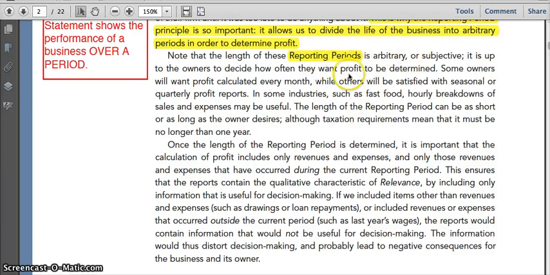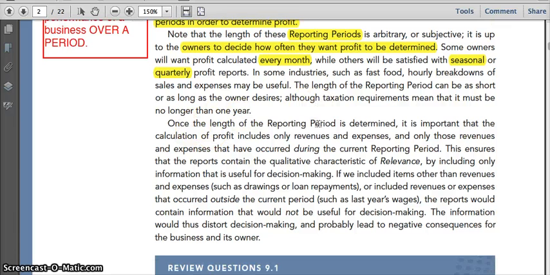So reporting periods are basically up to the owner to decide. The owner decides how often they want the profit determined. So it may be every month, maybe seasonal, it might be quarterly, that sort of thing.